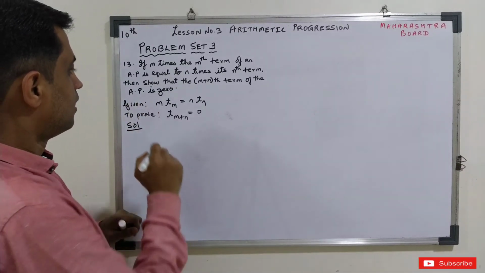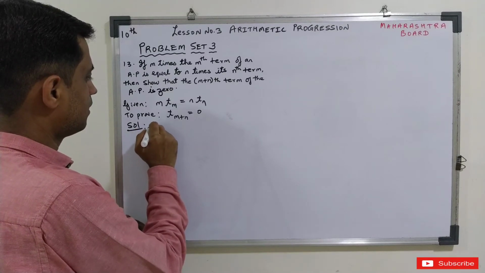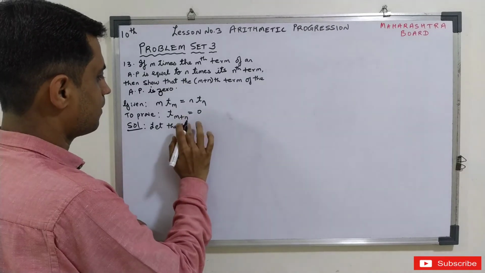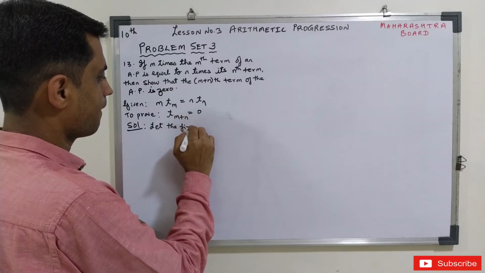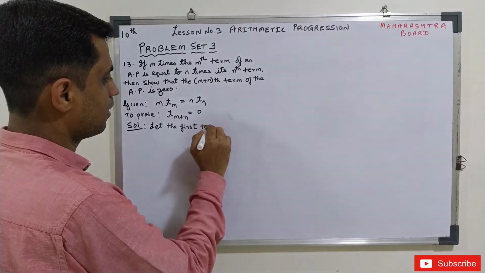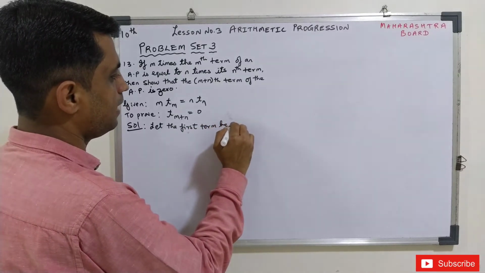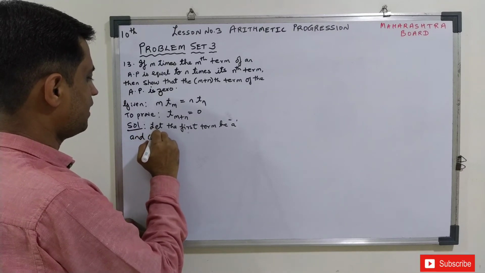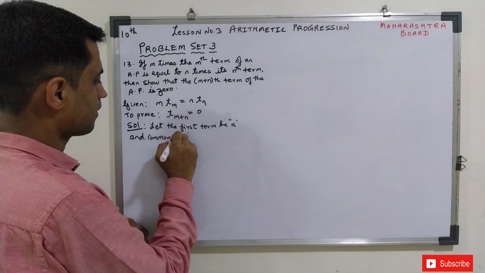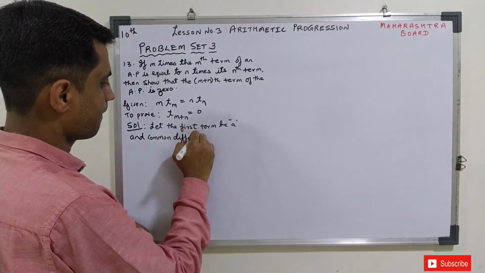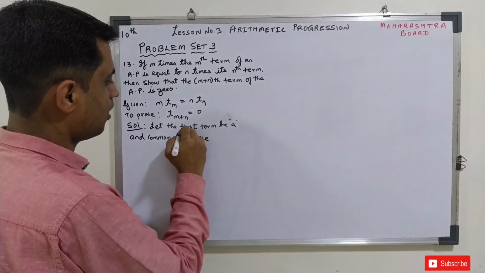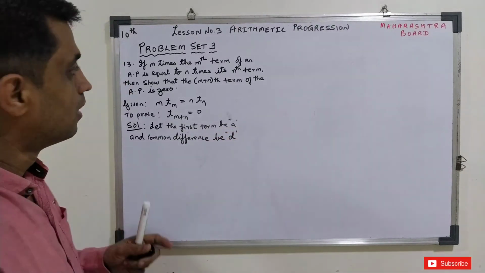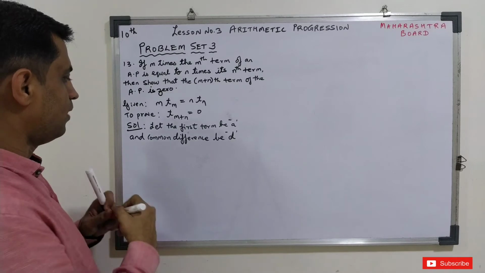Now we are going to write this way. Let the first term be A and common difference be D. Yes. Now we are going to use a Tn formula.